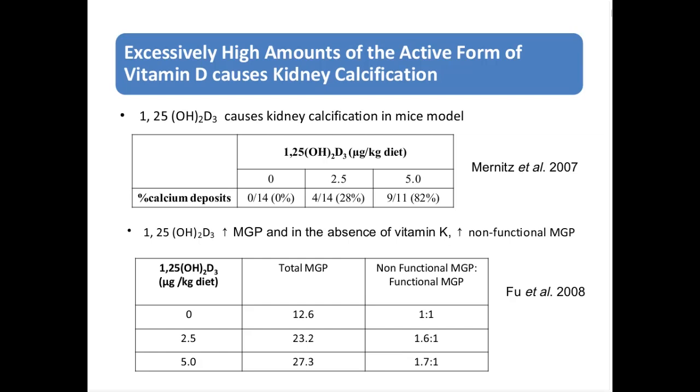In other words, 50% of the total matrix GLA protein isn't functional and 50% is. When you get to the higher doses, you're finding almost 2 parts of the matrix GLA protein is non-functional compared to 1 part functional. So you've got double the amount of the protein that's not functional compared to functional.